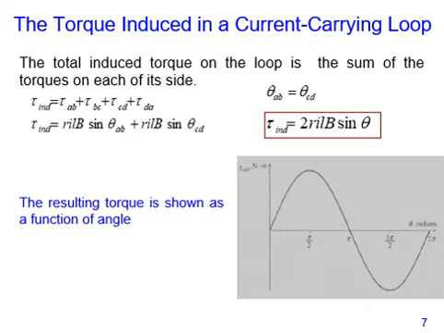If we want to see the resulting torque as a function of angle, it can easily be seen in the sinusoidal diagram, which shows that at the angle pi over 2 radians, the torque would be maximum, and similarly at pi it would be 0, at 2 pi it would be 0, and at 3 pi by 2 it would be minus, or you can say maximum in the minus direction, or minimum.